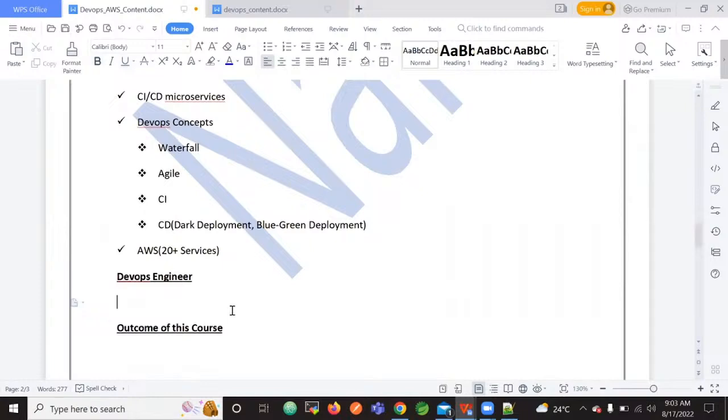DevOps is a culture, first of all. So a DevOps engineer may work on different technologies, meaning a DevOps engineer may work on configuring the CI/CD pipeline for different technologies. Maybe Java, maybe .NET, maybe Python, maybe Node.js, maybe Groovy, whatever it is.